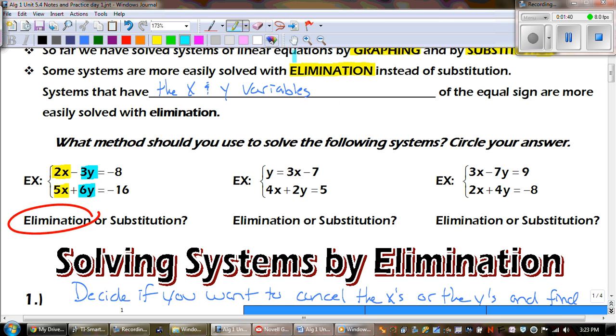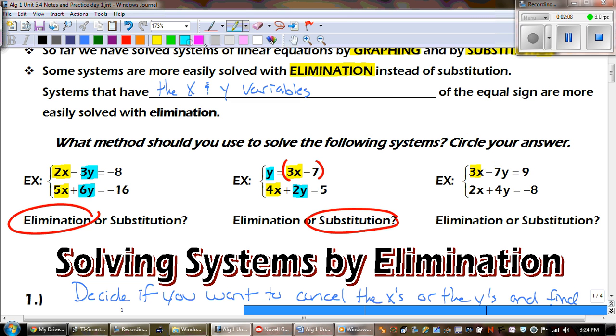Okay, so I have the y over here, x over there, there's my x, there's my y. Is everything on the same side there? No. So that's when we would choose substitution. Plus, the y is by itself, that's when we would put the parentheses around the 3x minus 7, right? Yeah, you remember that.